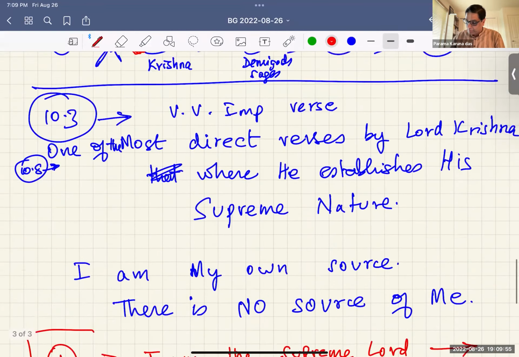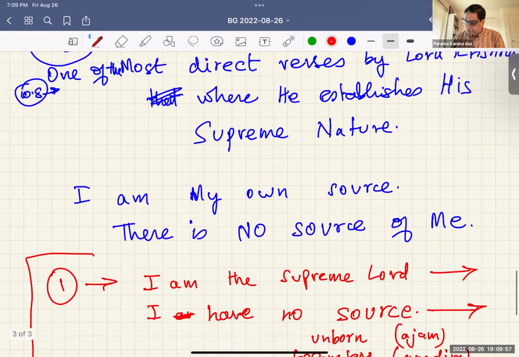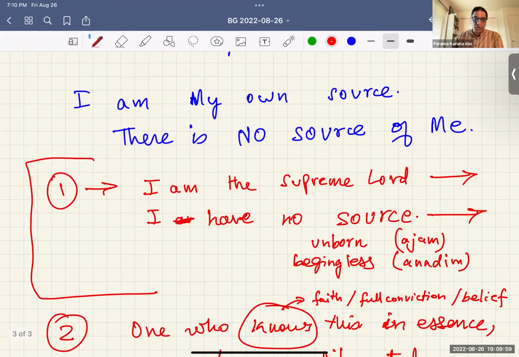So that is the answer to the previous question, who is the source of Krishna? Krishna is Sarvaloka Maheshwaram. He says in 5.29. What is 5.29? The last verse of the fifth chapter.